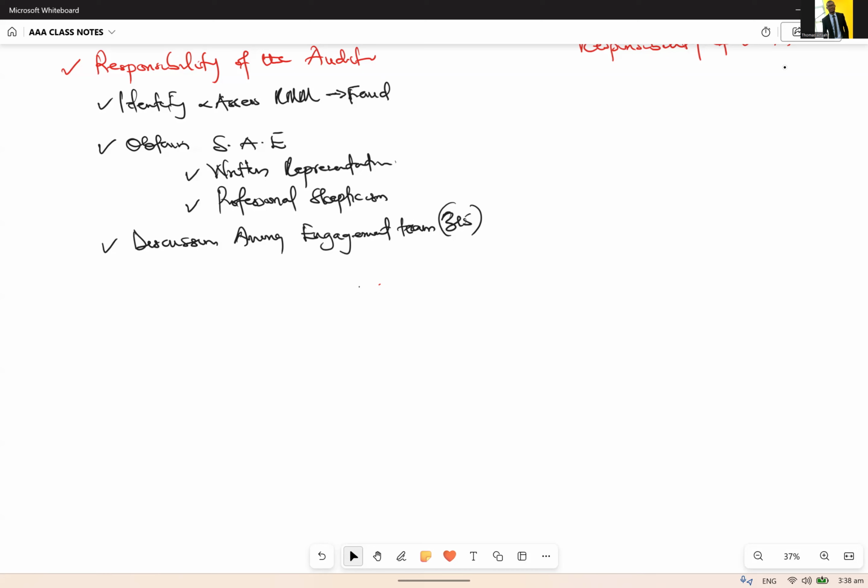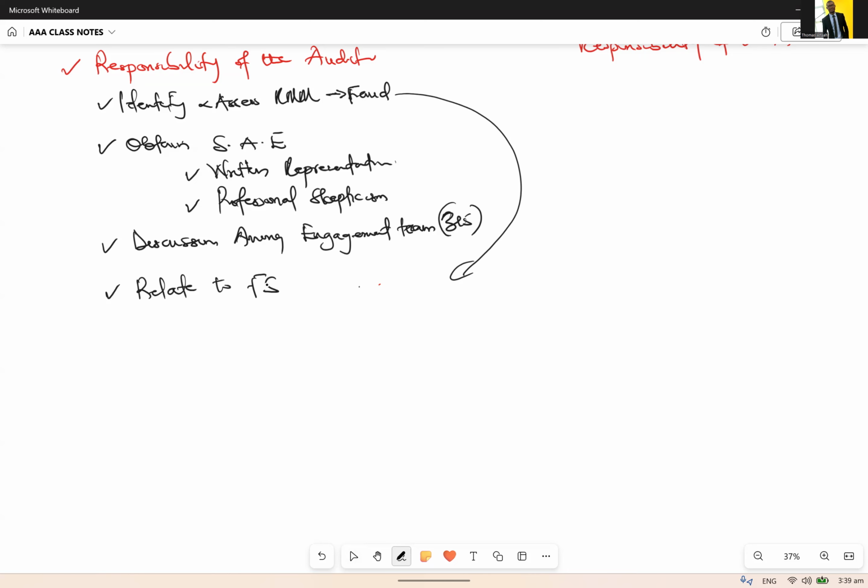Now, if you find any form of fraud using your assessment skills and the evidence that you have, we call it the risk assessment. Now, how does that risk assessment relate to the financial statement?